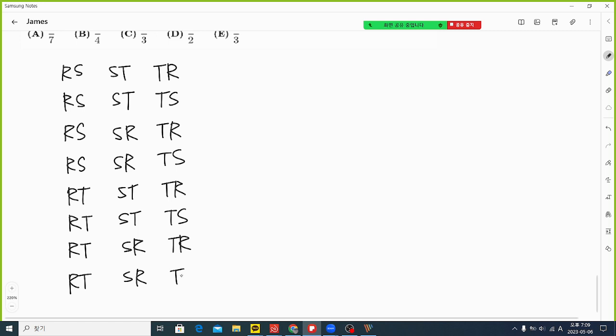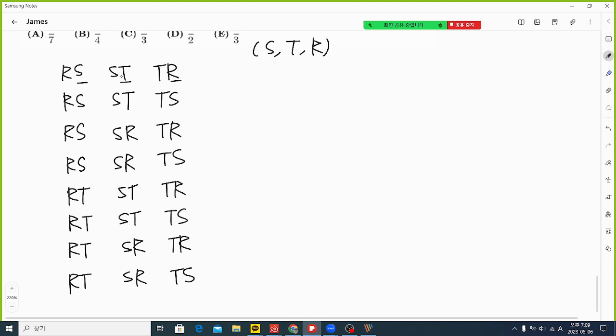So there are total 8 cases because each person has two outcomes. 2 cubed is 8. It's like flipping 3 coins. So that means if we make this triple, we can look at the end.